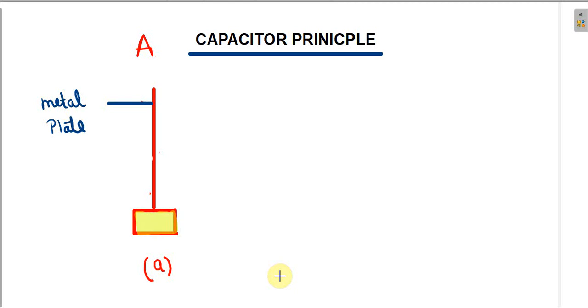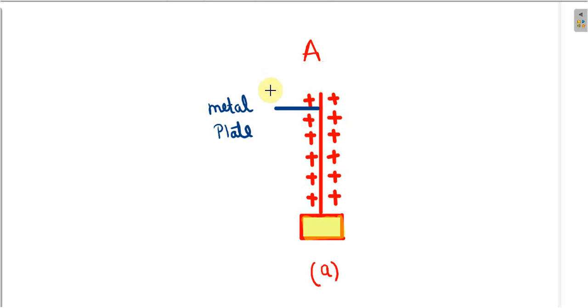To understand the principle of a capacitor, let us consider a metal plate A. Let some positive charge be given to this metal plate.